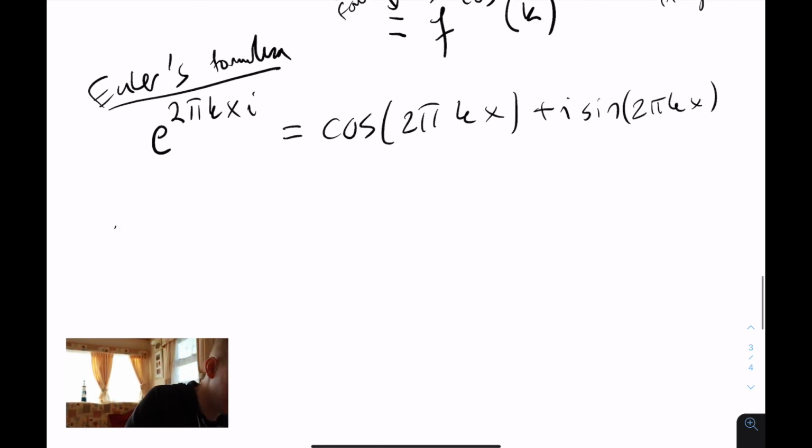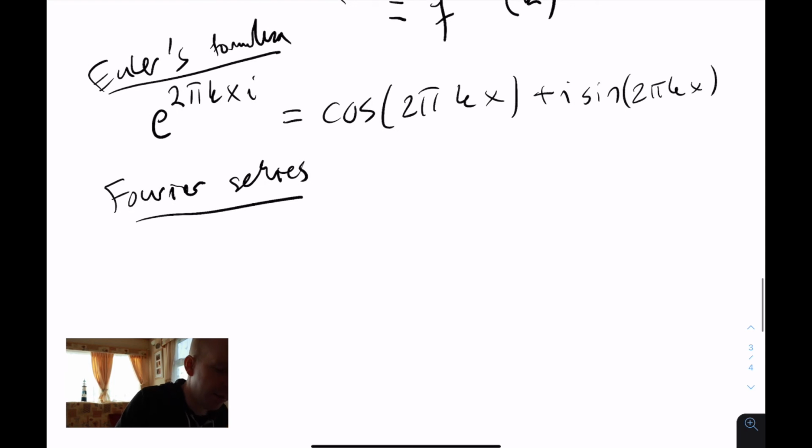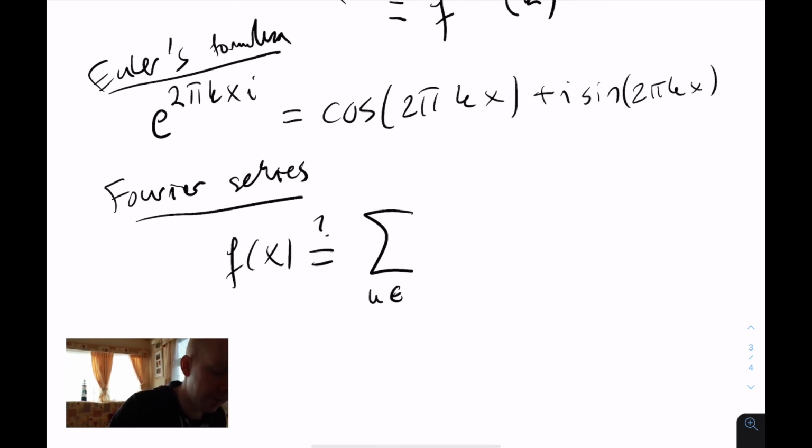Fourier series. So then one replaces the cosine series by this expression, where you write this as a sum over k in Z with some amplitudes, let's call them b_k, times e to the power 2 pi i k x.